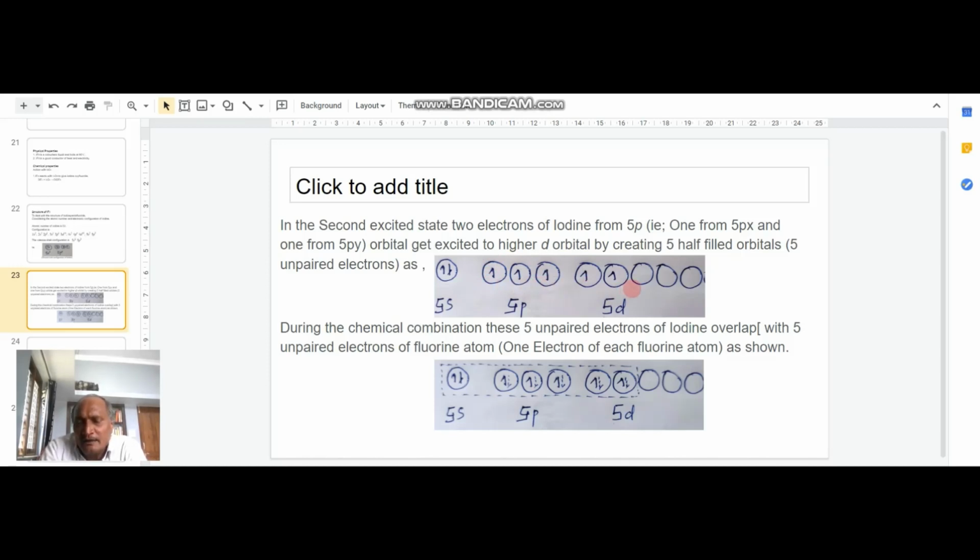That is, the iodine atom has 5 unpaired electrons as shown.